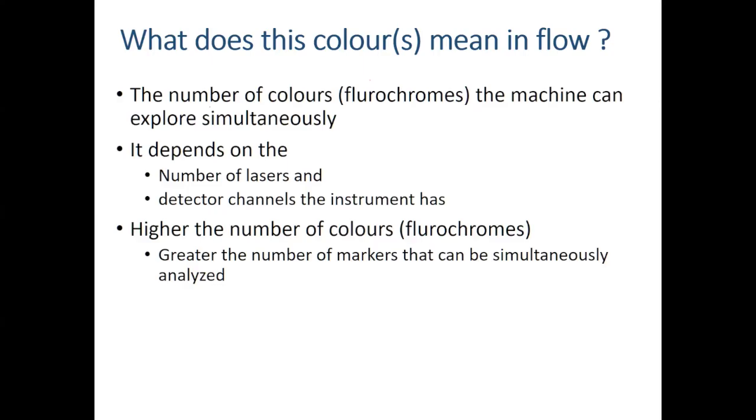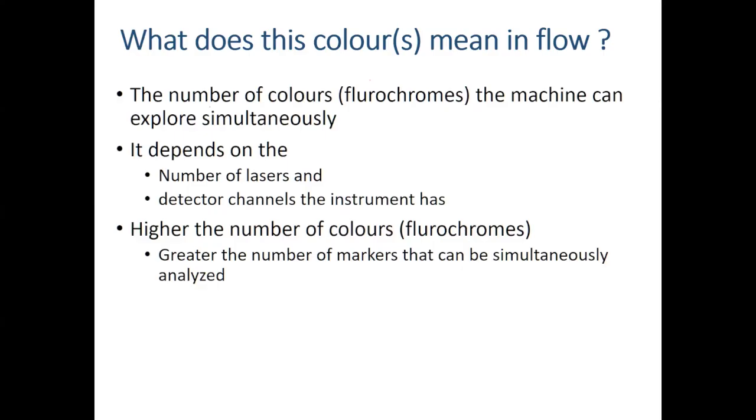So the maximum number of colors which your machine can capture, or which you can use in your experiment, is called the colors. So you have 4 color instruments, 5 color, 6 color, 8 color, 13 color. Now it has gone up to 40 color, right? There is spectral flow, which is a different topic, but this is what color means.